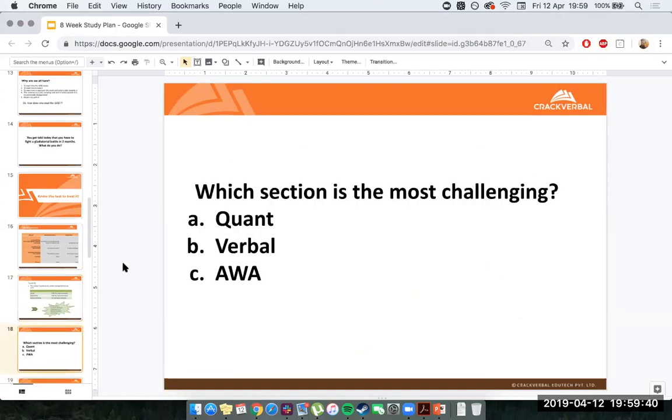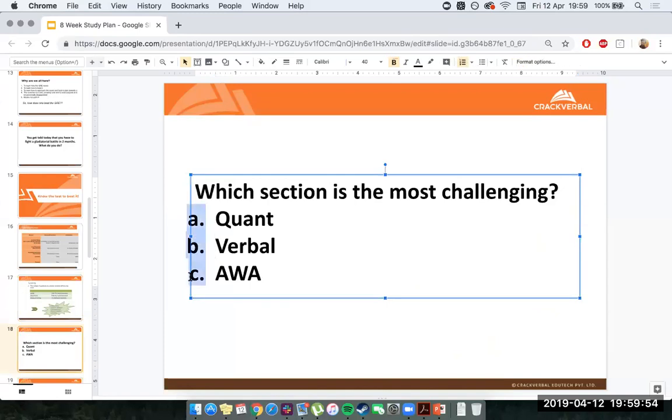All right, so let's dive into something that's kind of related, right? On this front, what I want you to think about is, which of these sections do you think is the most challenging? It says, A quant, B verbal, C AWA. I think that on the poll itself, it's marked not in this order. So I'm just going to mark this the other way around.